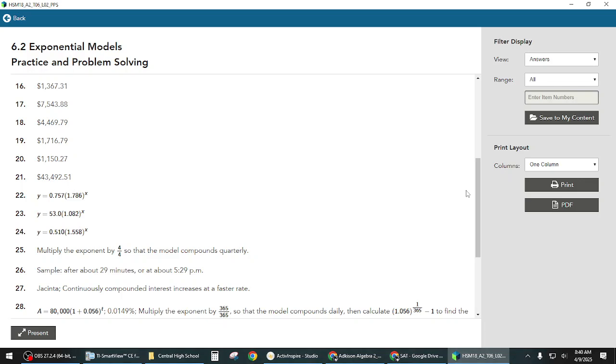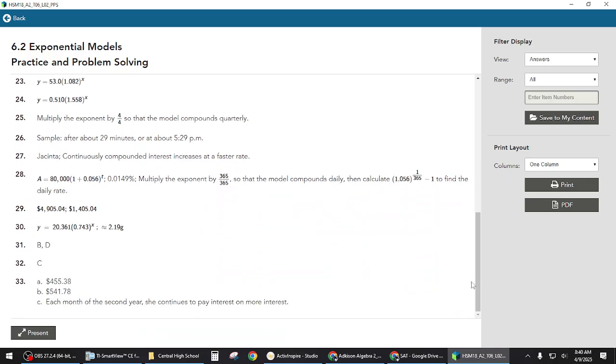Okay. 25. Multiply the, oh, that's how you set it up. I'll have to do that one too because we changed that question a little bit. And then 28. Is this the same question?